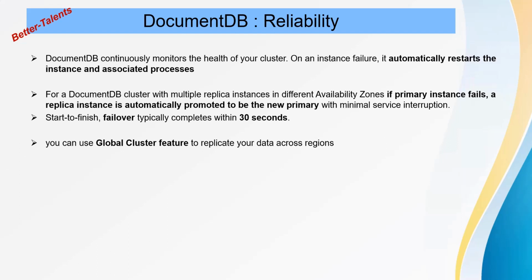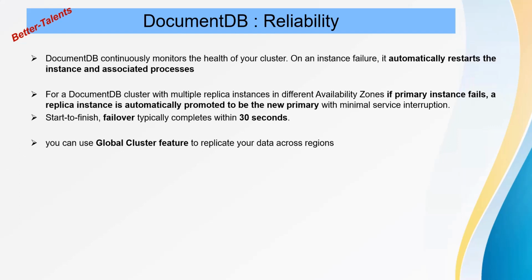Okay, so from a reliability perspective, you can also use the global cluster feature to replicate your data across regions. Let's say your application needs high availability, and if one region is down, a region is made up of three availability zones.